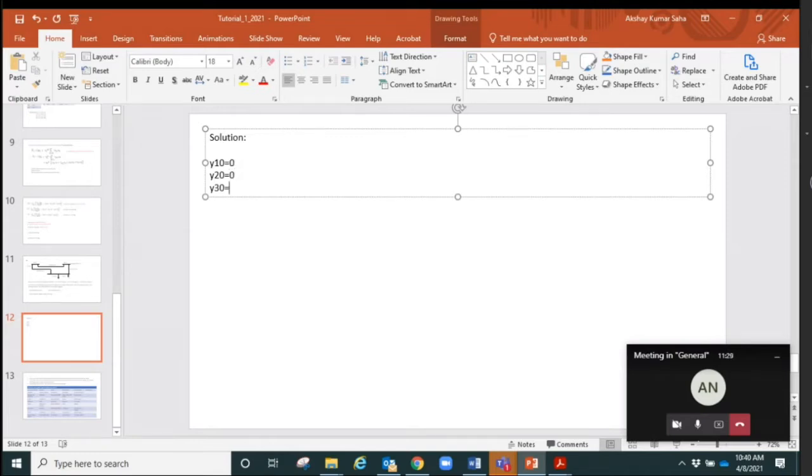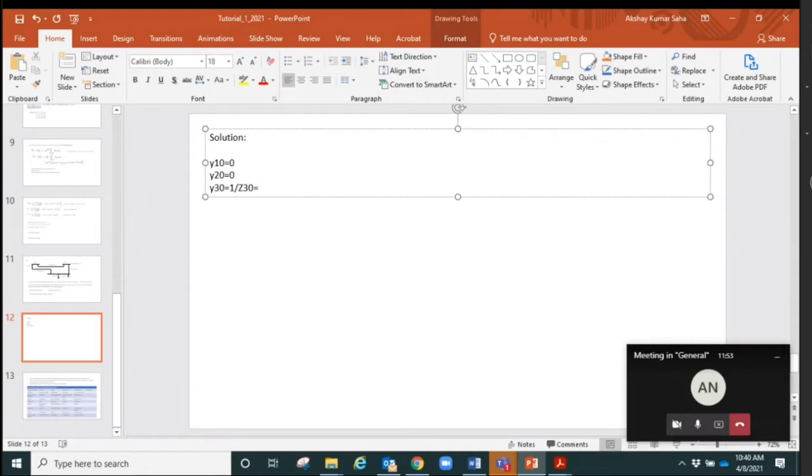And for bus 3 there is a shunt capacitance, so y30 will be equal to 1 over Z30, because we can find the admittance from the impedance, and the impedance is calculated from the shunt capacitance value.